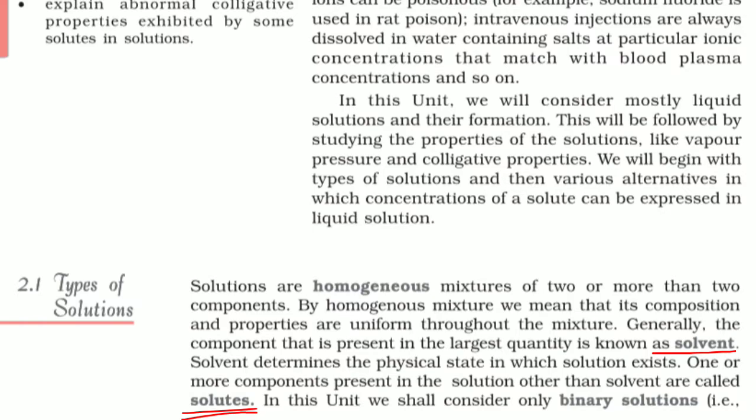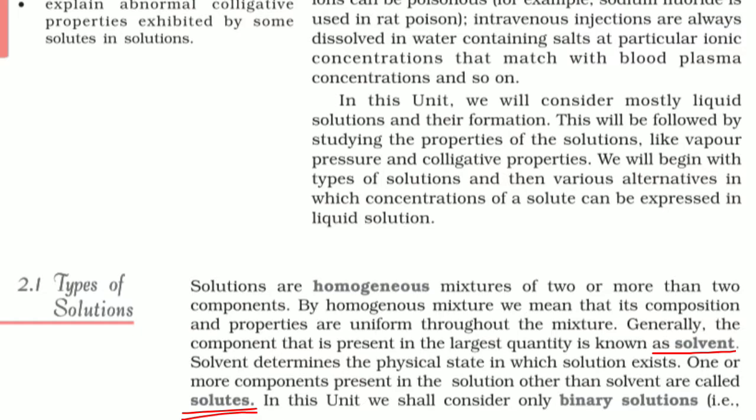That means there may be many components, and the component whose amount is higher than the other components is known as the solvent. Simple. And the other components present in the solution are known as solutes.